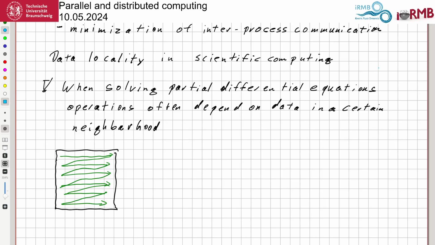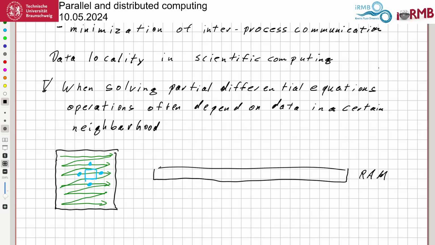But say you are a cell here. So the next value in this cell depends on the values in these outer cells. Now, locality here is a little bit complicated. If the arrangement actually is like this, then in memory, this will be in RAM, and there would be different chunks.